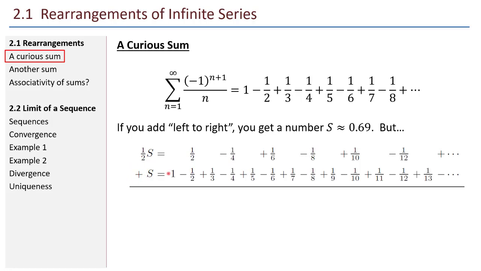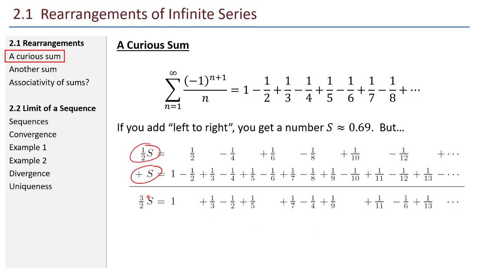Take our original sum. So the thing that I had originally, 1 minus a half plus a third minus a fourth. And let's add these together. So I'm just adding straight down, and I end up, well, of course, half s plus s equals 3/2 s. So I end up with something bigger. And so adding straight down, 1 plus a third, minus a half, plus a fifth, the sixths cancel out, plus a seventh, and so on.